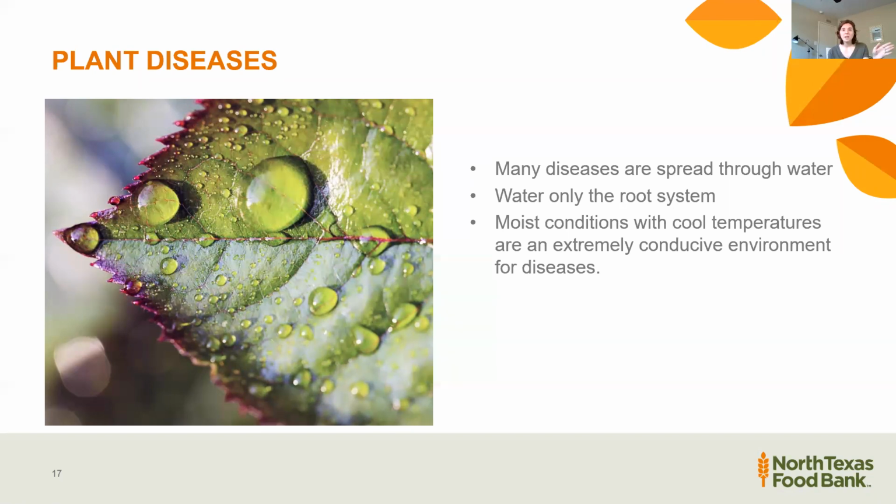That's a really wide range that we're often in during the spring and fall in Texas, and for a very long time this year, actually. That's a huge range of when those pathogens can really spike and damage your plants. So it's best to try to water only the root system or early in the morning or in the afternoon. Moist conditions with cold temperatures like we're talking about are the best environment for these diseases.